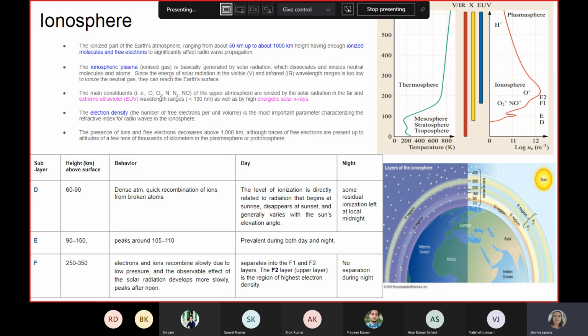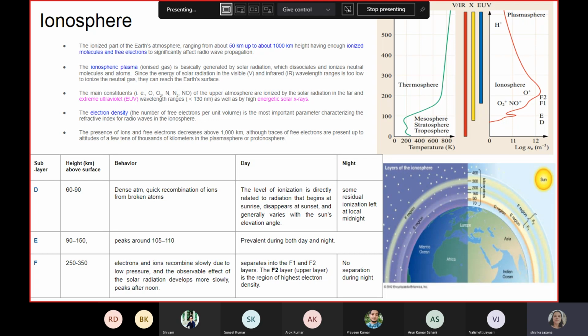As we go farther away from the surface, naturally the pressure decreases because of hydrostatic equilibrium. Hence, due to this low pressure, the recombination of electrons and ions after ionization is relatively slow, as the observable effect of the solar radiation develops more slowly and peaks after noon.